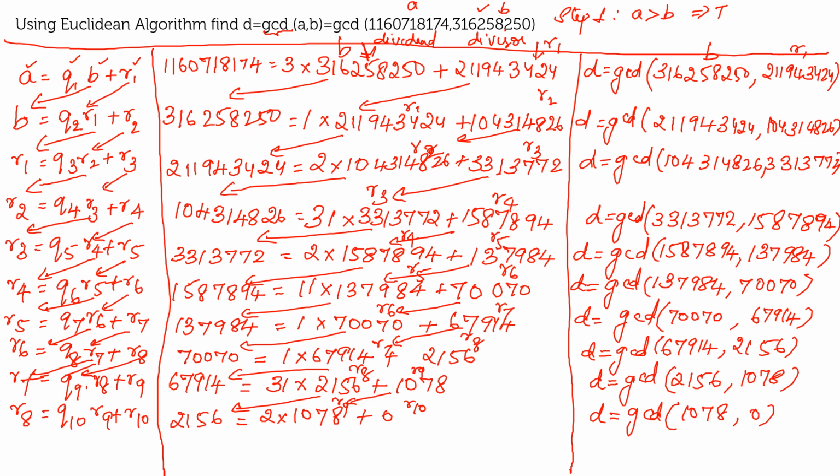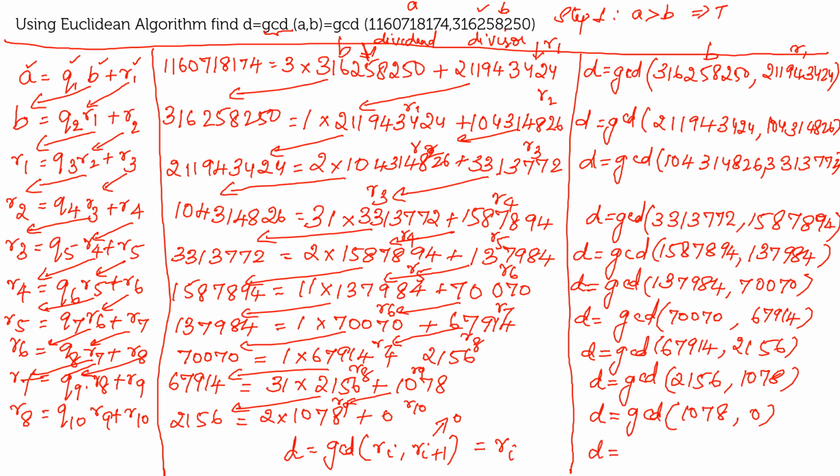So you know that when the remainder becomes 0, in general, the iteration continues till GCD of Ri comma Ri plus 1. So in case your Ri plus 1 remainder becomes 0, your GCD will be equal to Ri. So in this case, what will be your GCD?